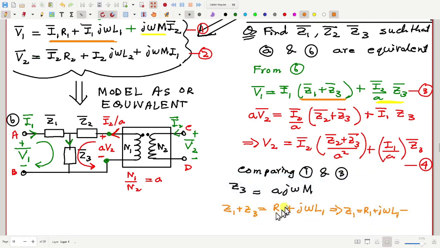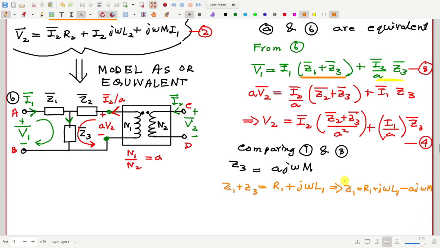And Z3 is A j omega M. So that's the value of Z3. Sorry, Z1. Similarly, this is the value of Z3.